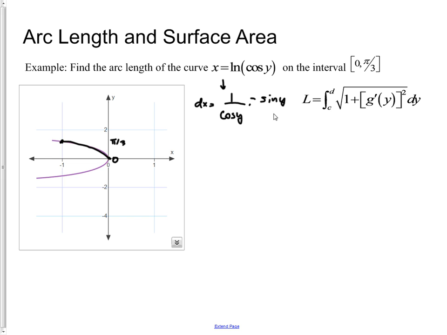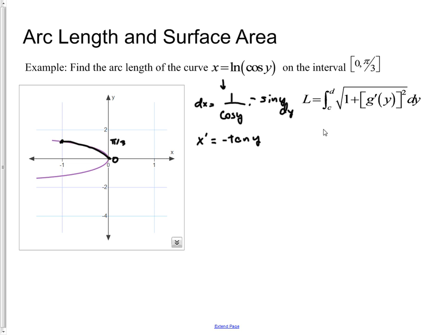Right? dy, and of course just rewriting that, we get g prime, which is x prime in here. Actually what we're going to get is the negative of the tangent of y, right? Why? Because we've got the sine over the cosine.